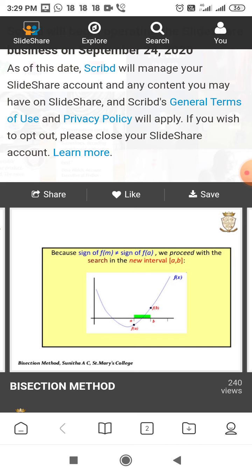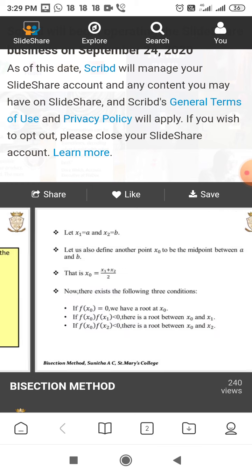So the sign of the function at the different points will be different. Then we can say the root lies in between them.